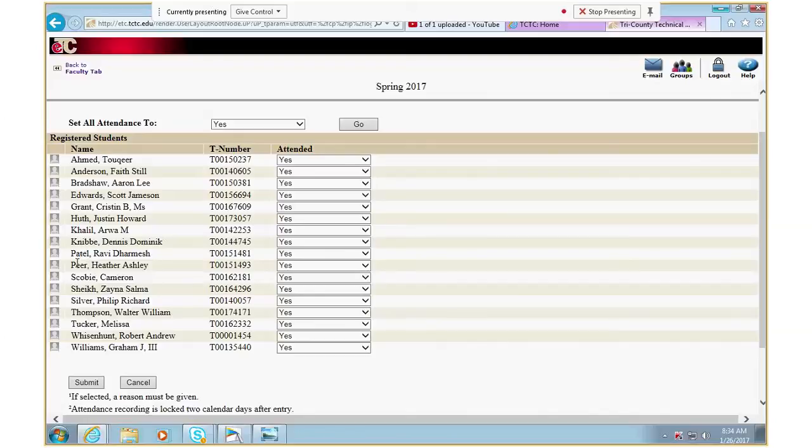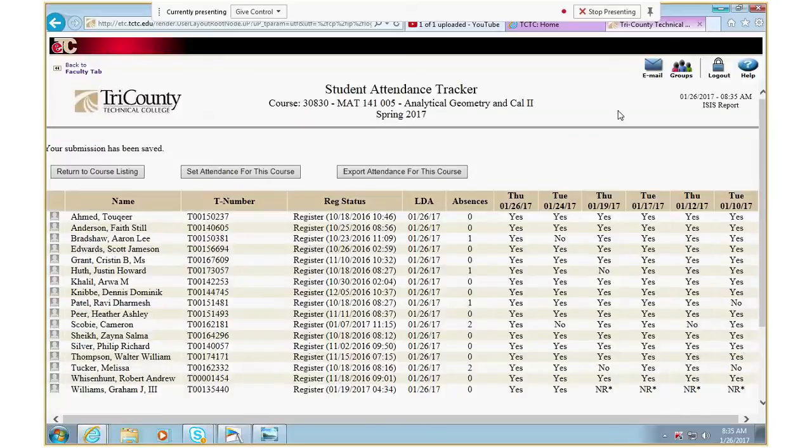Peer is here. She's on Skype. Scobie is here. Sheik is here. Silver is here. Thompson is here. Tucker is here. Wisenhunt is here. Williams. Okay, so everybody's here today. Wow, it's a miracle.